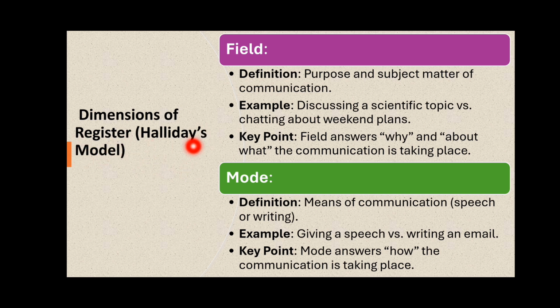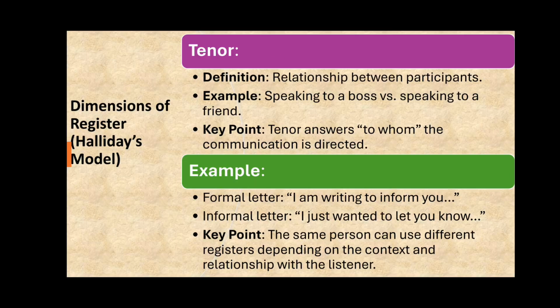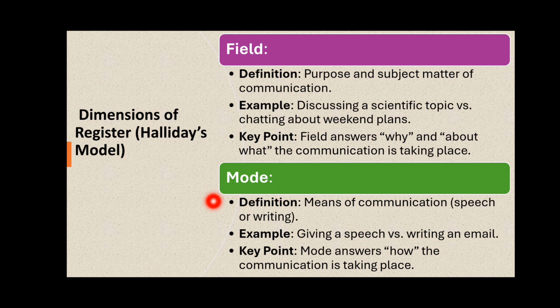Dimensions of register according to Halliday's model. So there are three dimensions of register, and whenever one dimension changes, register also changes. First is field, the second one is tenor, and the third one is mode.